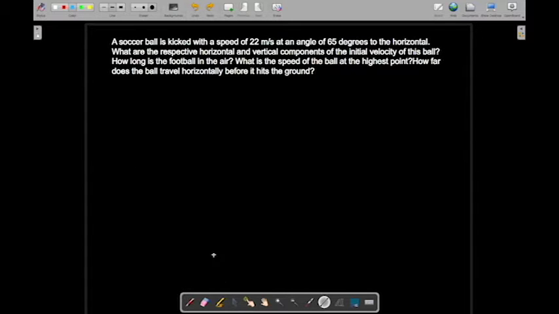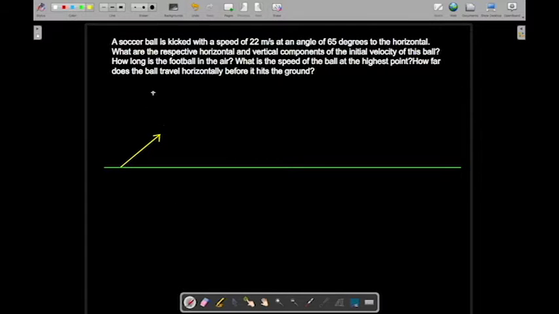What I'm going to do here is actually draw it so that I have a better sense for what the question is asking. So I'm drawing the ground. This is the ground here. We have a soccer ball that was kicked with a speed of 22 meters per second at an angle of 65 degrees to the horizontal. So basically what that means is we have a soccer ball that was kicked initially like this, in that direction.